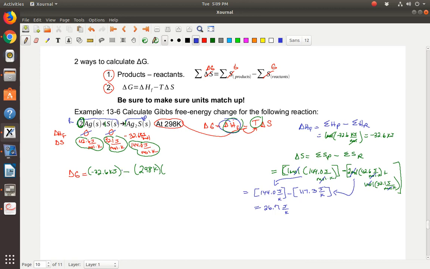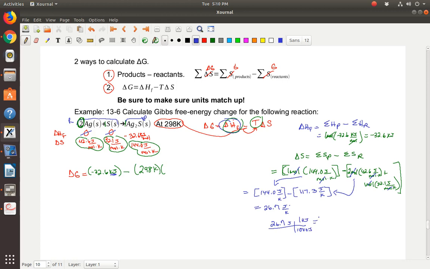Okay, now there is a problem. This is kilojoules on this side, and this is joules. So we need to convert this to kilojoules so that we have the same units, because we can't add or subtract them if they're not the same unit. So 26.7 joules. There are 1,000 joules in a kilojoule.